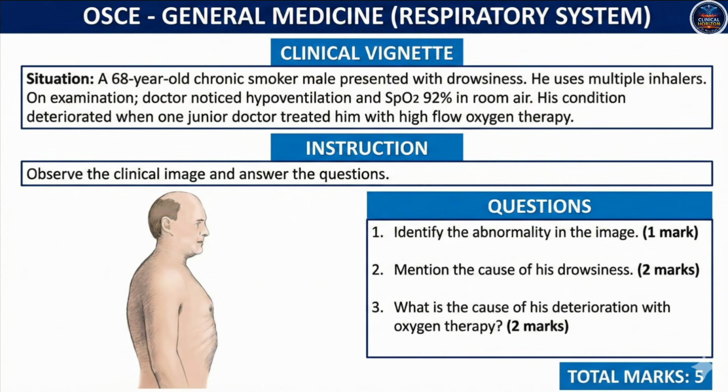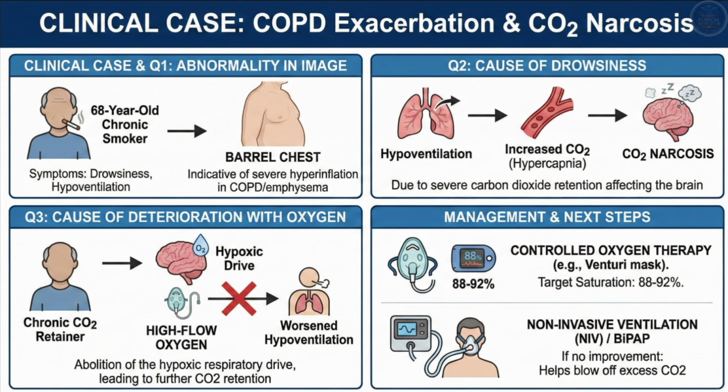Now look at the image. It's a diagram of a patient. Note the posture and the shape of the chest. The chest appears hyperinflated with an increased anteroposterior diameter. This is a barrel chest, a hallmark of hyperinflation seen in emphysema.